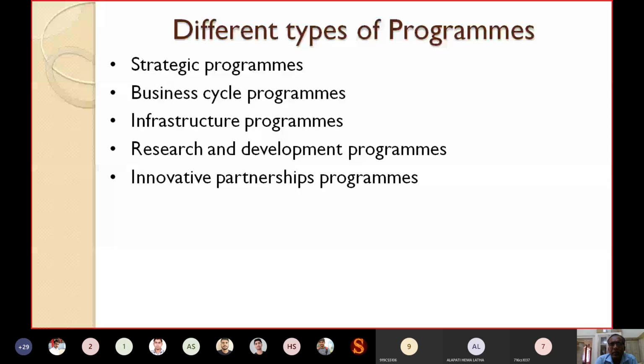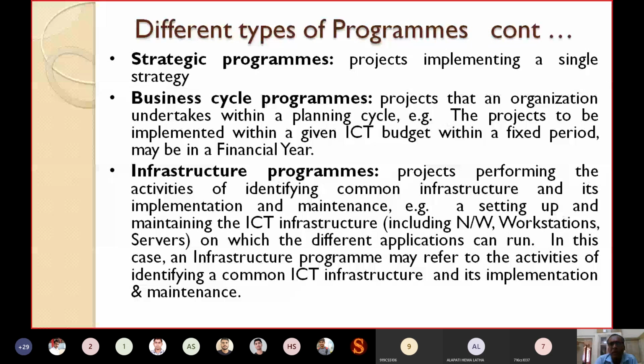You may take 3-4 projects, or 8 to 9 projects, or 9 to 10 projects, whatever that may be. The collection of projects which are implementing a single strategy are called strategic programs.